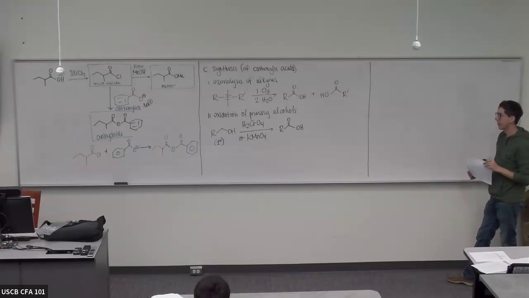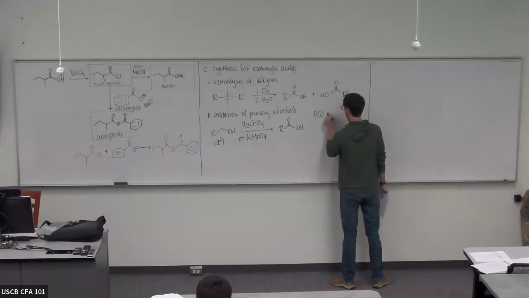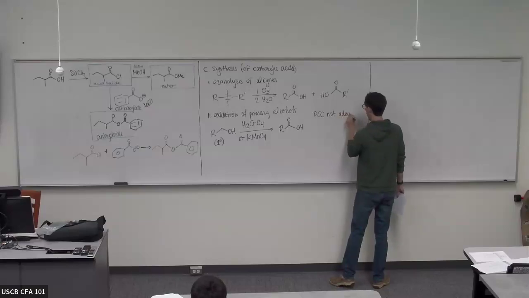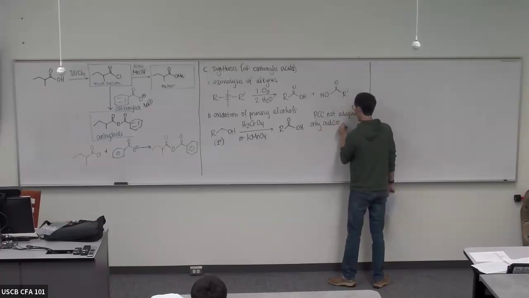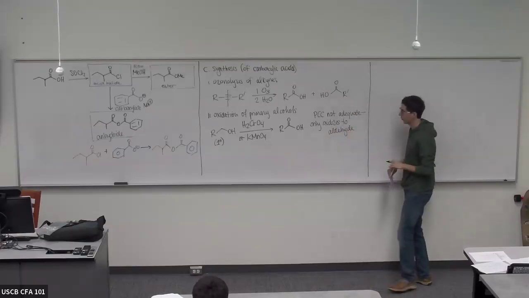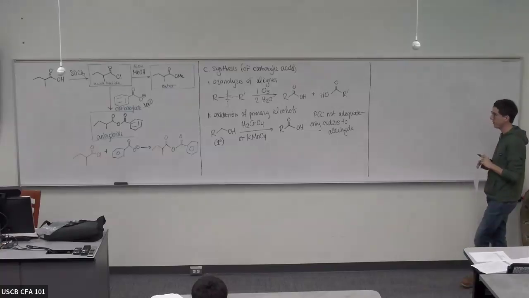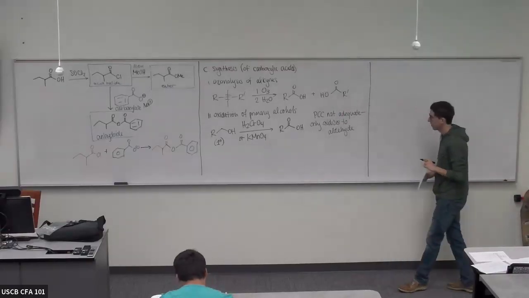Also in the last chapter, we talked about PCC and DMP and all of those different things. Those are not adequate. If you were to treat that primary alcohol with PCC, you would just get an aldehyde and not a carboxylic acid. So you need a stronger oxidizing agent like those two.